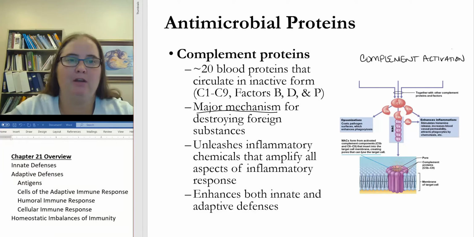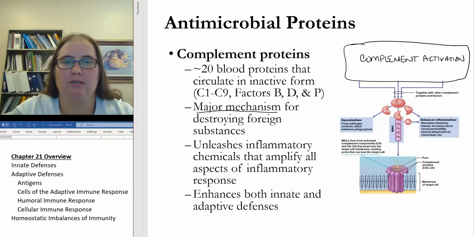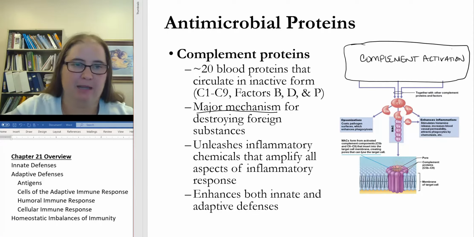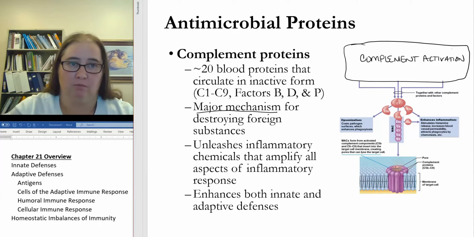Up here in this area, we are activating these 20 proteins in a cascade of events. Once we activate complement, three things are going to happen. One is called opsonization. So we have this pathogen.